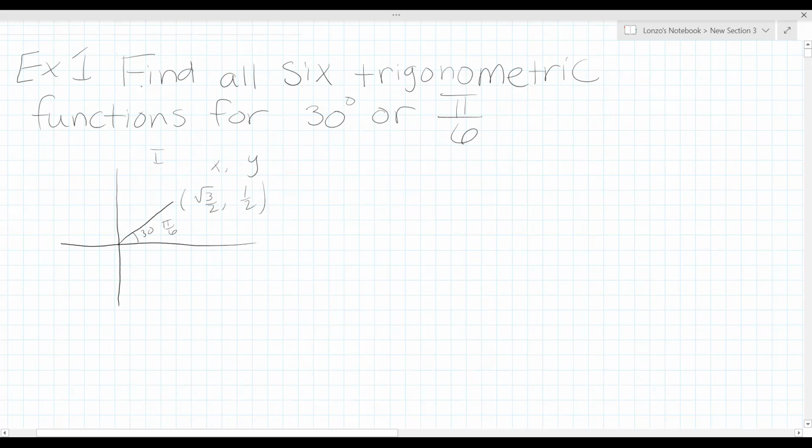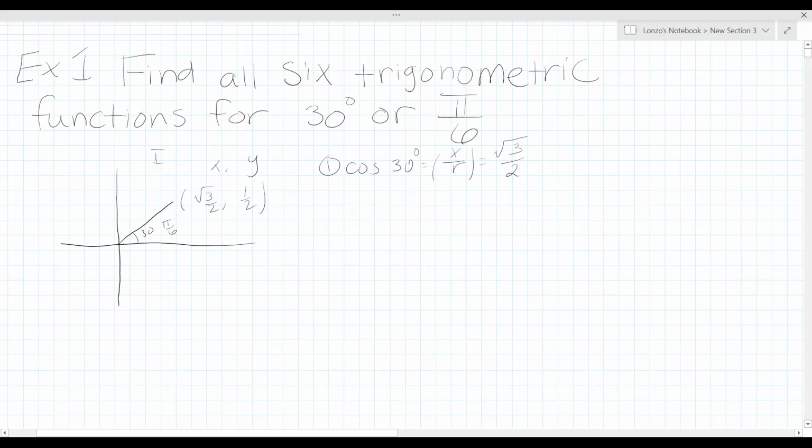So they say find all 6. The first one we can find easily is cosine of 30 degrees. If they ever ask you for cosine of 30 degrees, it's pretty much x over radius, so that's why this is radical 3 over 2.